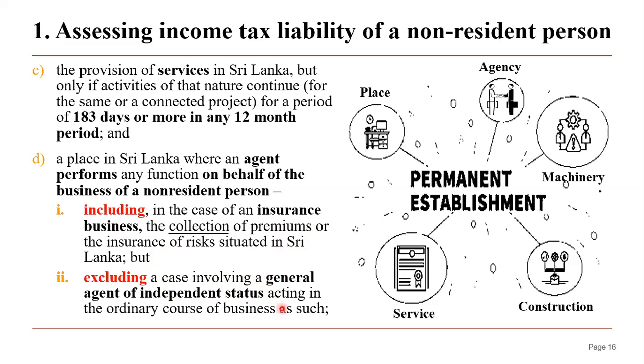we need to exclude such agents because there are some agent-principal relationships, if you can remember. There are two kinds of agent-principal relationship. One is dependent agents and the other is independent agents. The dependent agent is entirely dependent on the principal. Whatever the principal says, they will do.